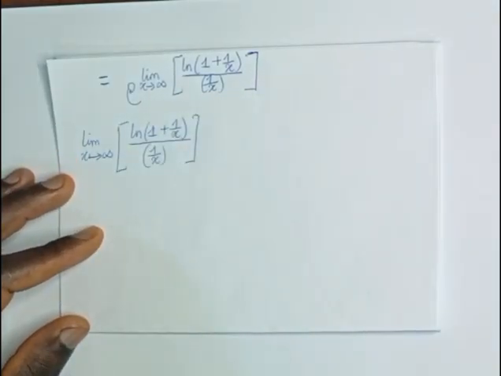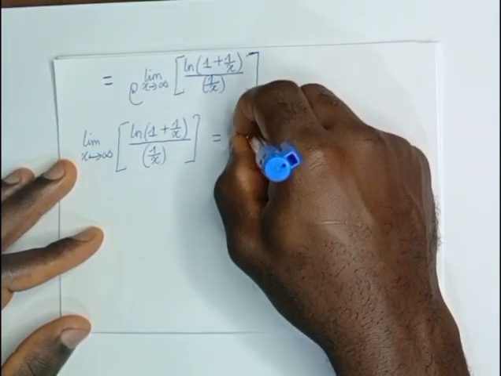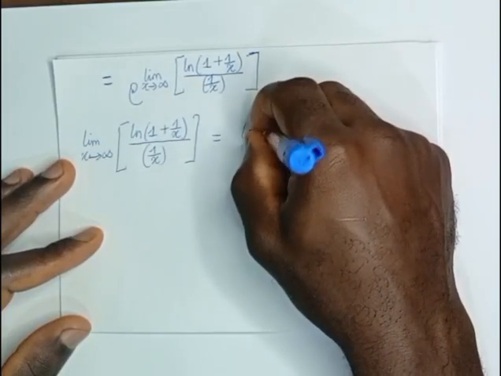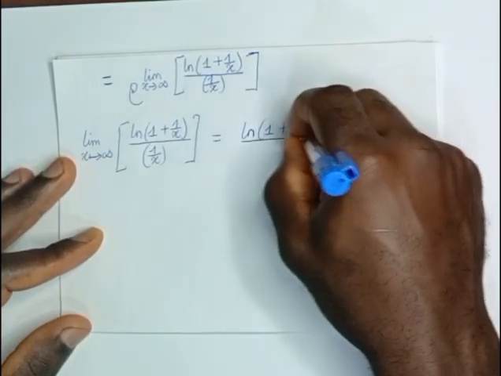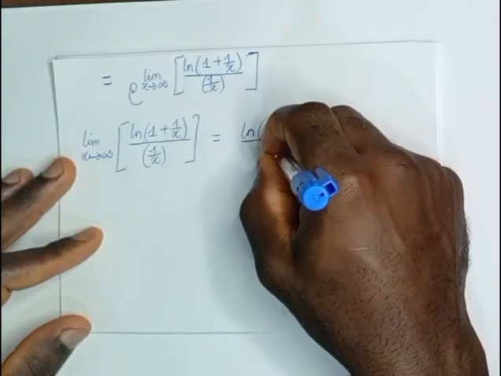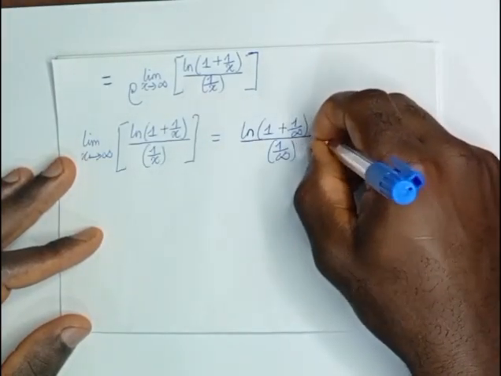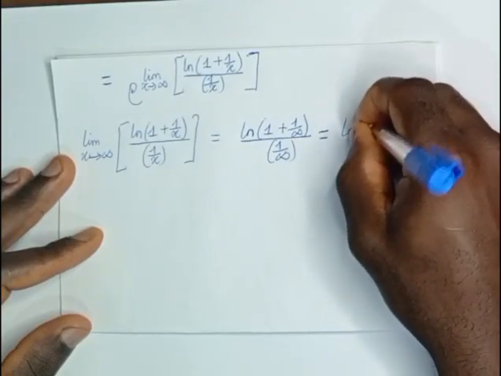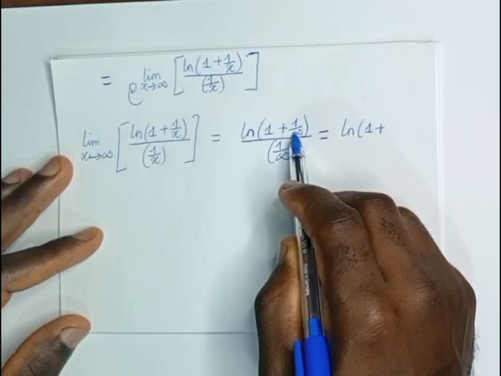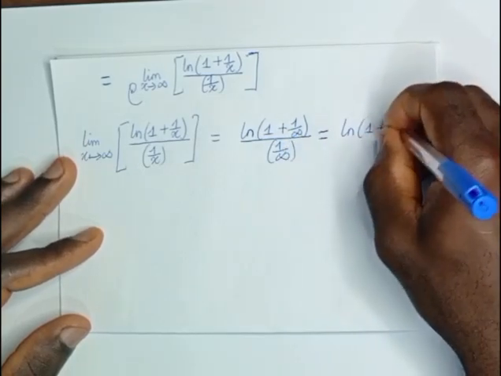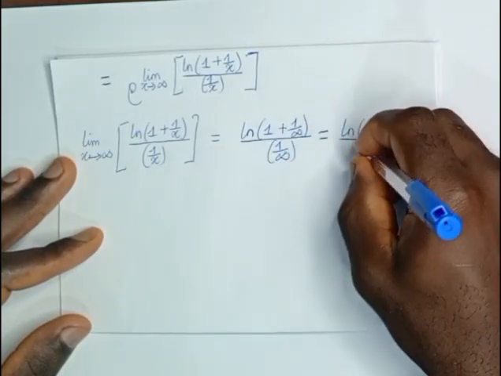If we go by direct substitution, this will simply be equal to ln(1 + 1/infinity) over 1/infinity at the denominator. That means we are dividing 1 by a very, very large number, so this goes to 0.